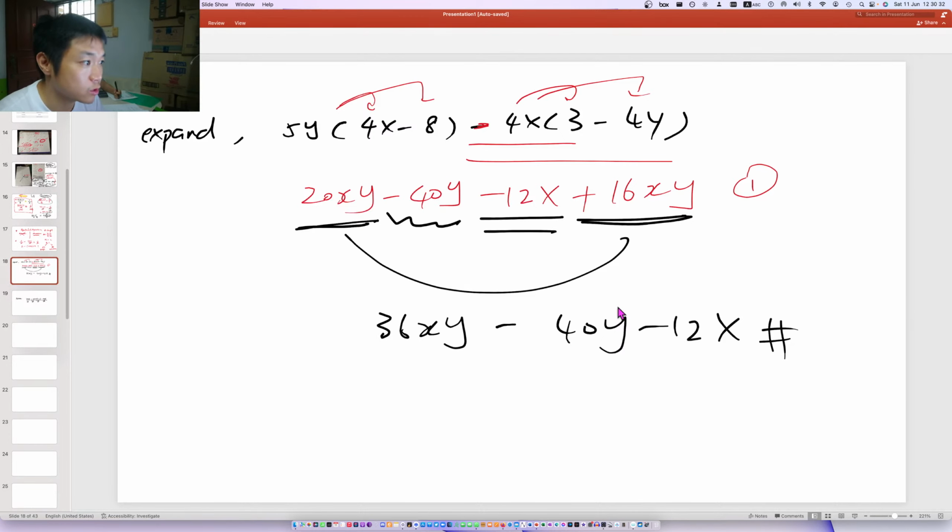Let's go back to the previous question. Now, this one. If I give you x equals -1, y equals 2, can you tell me what is the value of this whole thing?